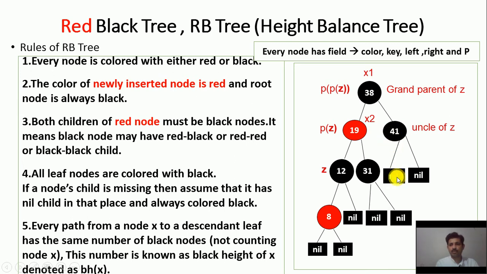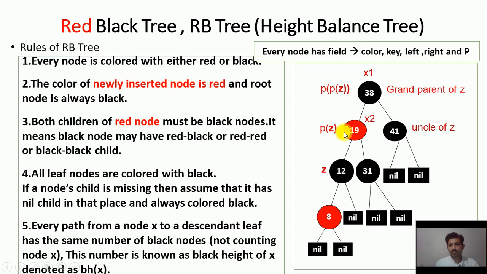If we choose from node number 38 to its leaf node in the right direction, there are two black nodes. If we choose from node number 19 to its leaf node, how many black nodes will there be? If we choose 19, 31, and nil, there are two black nodes.